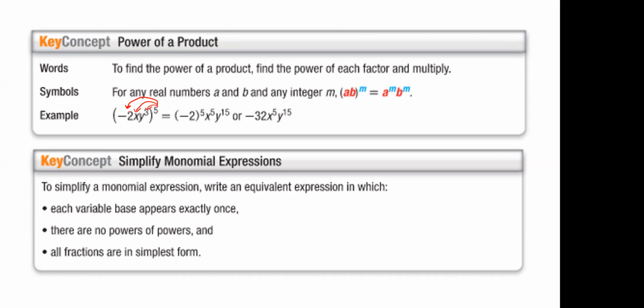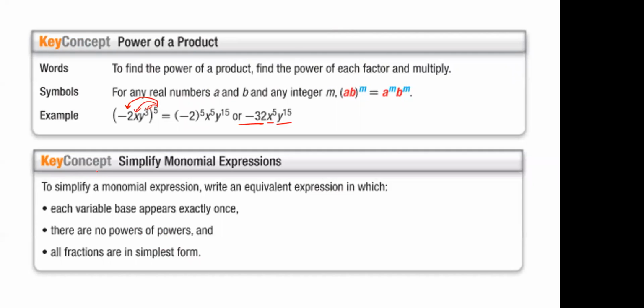So -2 to the 5th power means -2 times -2 times -2 times -2 times -2, which ends up being -32. Then x raised to the 5th power is x to the 5th, and y to the 3rd raised to the 5th, you multiply the exponents, so that's y to the 15th power.